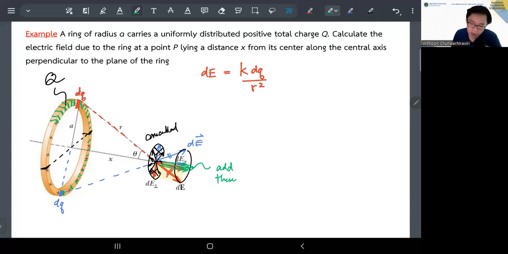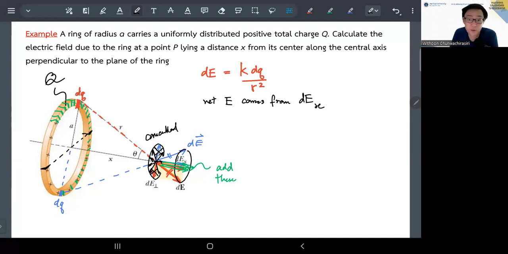So that's why it turns out the net E comes from dE along the X component. That's what I want. I only want the X component, which is the along the axis component of the dE.